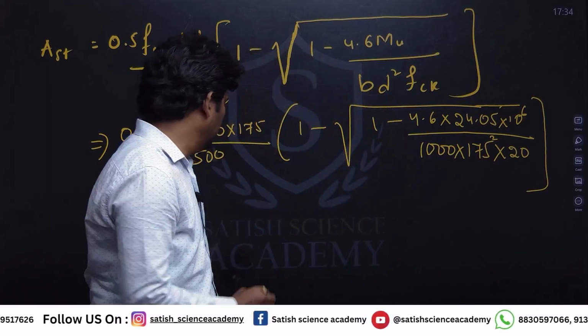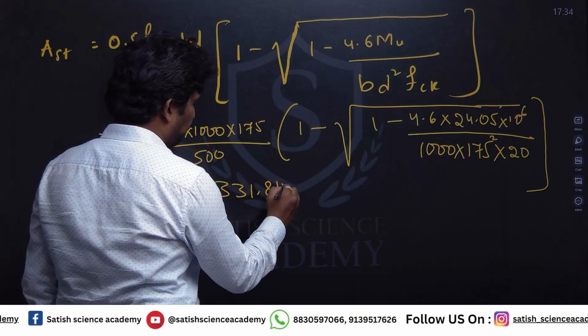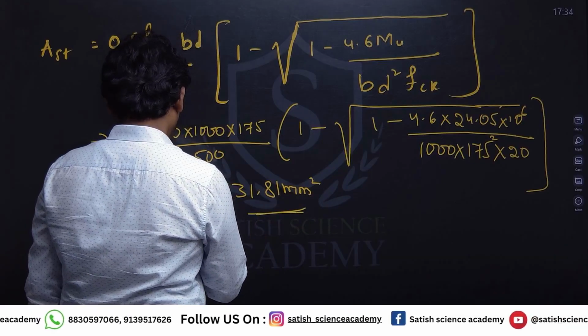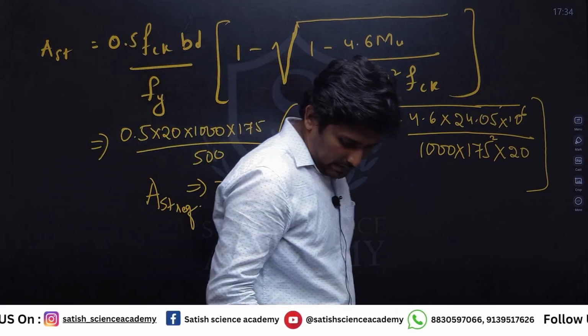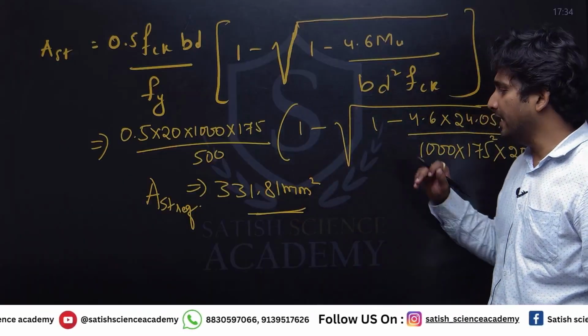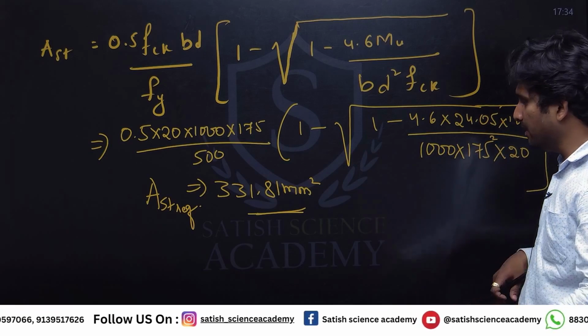So Ast value is 331.81 mm square. This is Ast required. Required Ast is 331.81. Now you have to calculate the minimum Ast, to check whether the required Ast is greater than the minimum Ast.